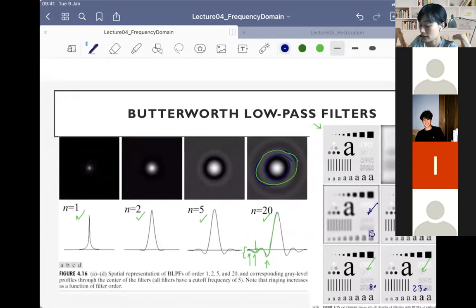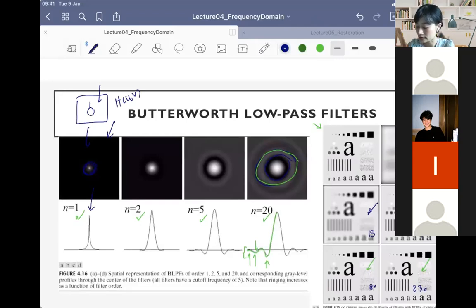The difference is, it's quite similar to the ideal filter, but the ideal filter has a sharp circle in white color, right? But this one has a black color, and this one is actually a Butterworth low pass filter in H(u,v), which is not a sharp circle because of the shape of the filter design.